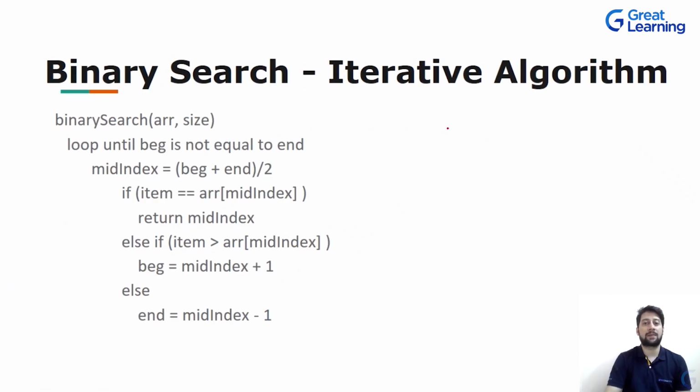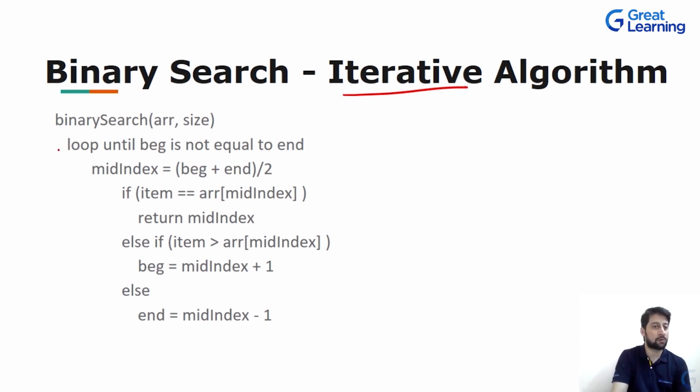Now let's try to understand the binary search algorithm. First we are going to understand the iterative approach, and then the recursive approach. Iterative, as the name suggests, means we are going to use loops.